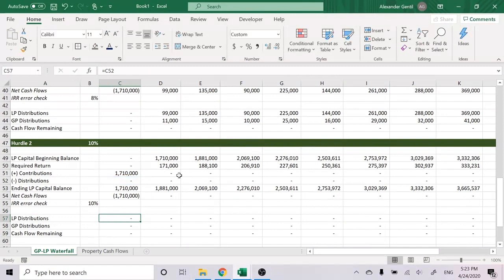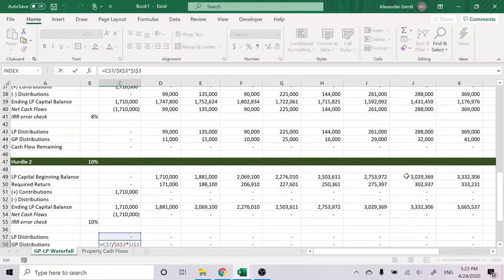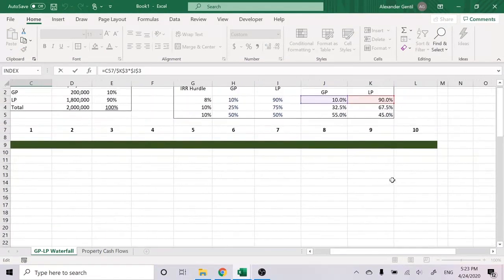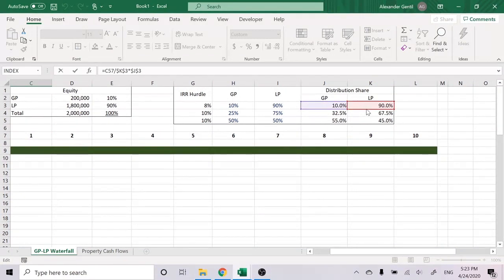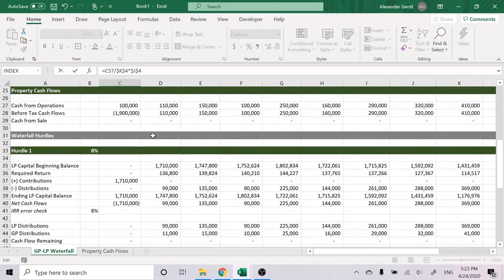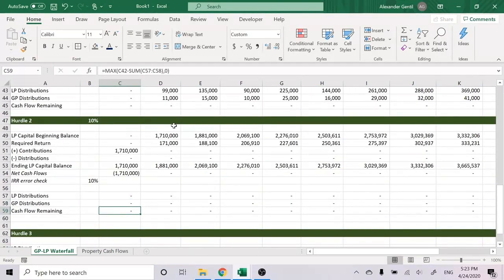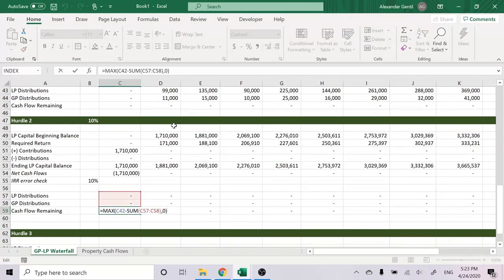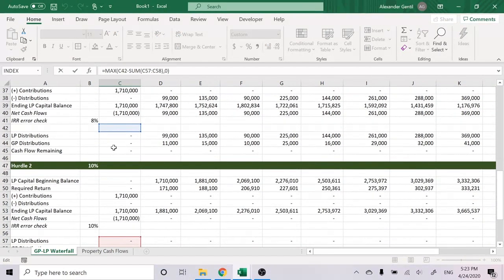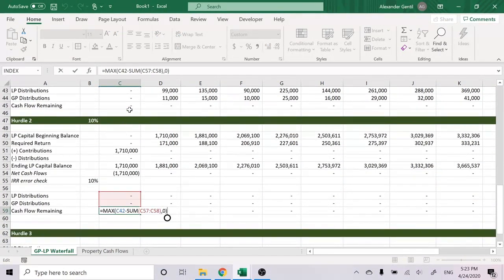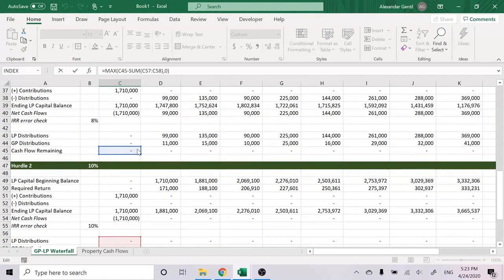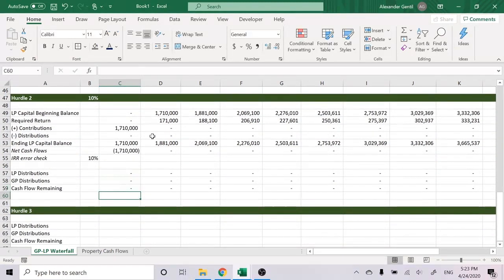And let's see our distributions. Figure out what the total amount was so that we can distribute accordingly. Sum of. And this is just the cash flow here.